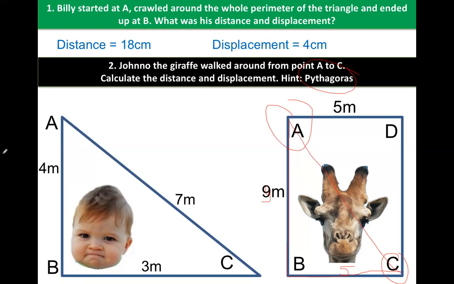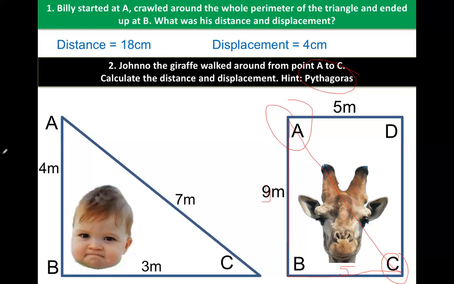Is it 106? How do you get 106? What did you do to get 106? I squared 9 and 5, then I plus them together. Okay, so 9 squared is 9 times 9, which is 81. 5 squared is 25.